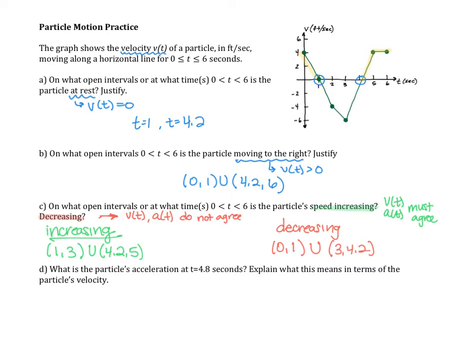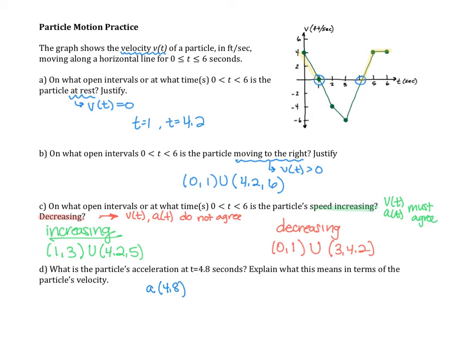All right, the last part says, what is the particle's acceleration at t equals 4.8 seconds? And explain what this means in terms of the particle's velocity. Well, if we look at the acceleration at 4.8, we are looking for the slope at 4.8.